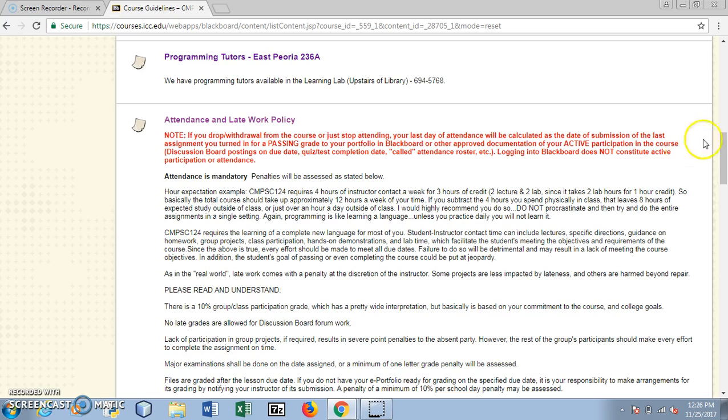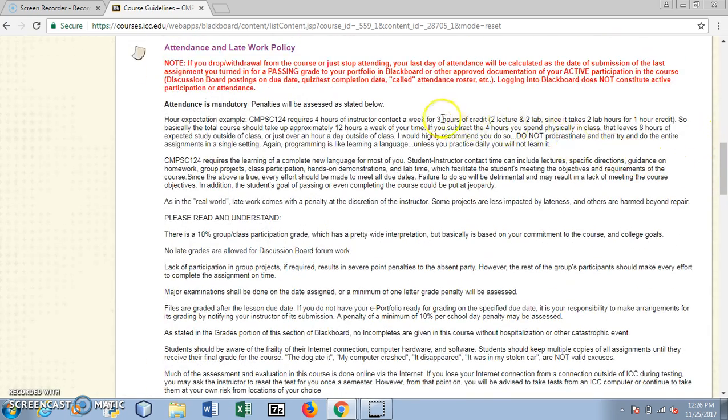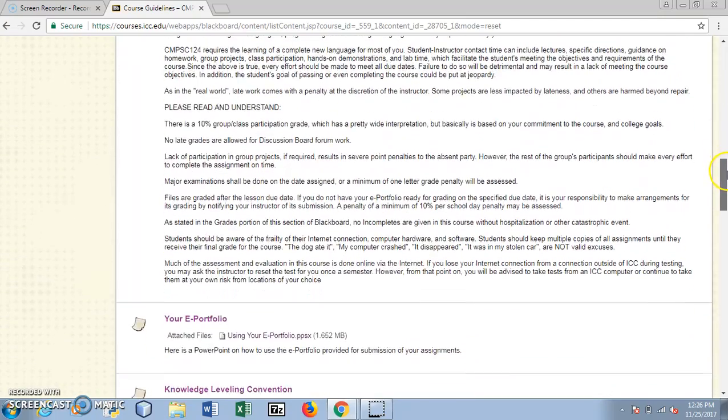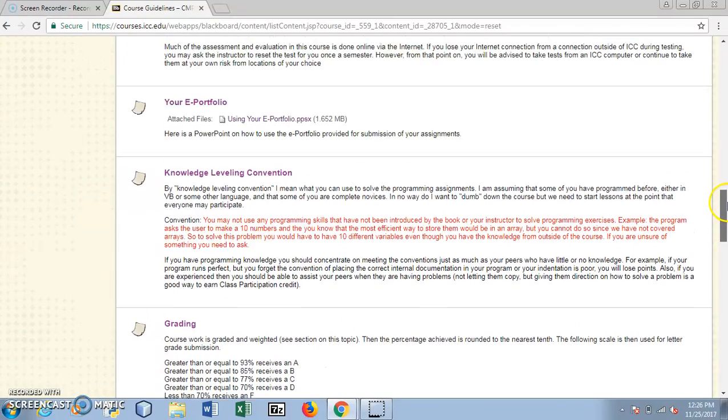My attendance policy, again, this even pertains, even though you are an online student, you have to keep up with your work. If you do not keep up with your work, after a period of time, I'm sure I would be contacting Notre Dame and your instructor over there, but we will, if you don't participate, we do drop students for non-participation.